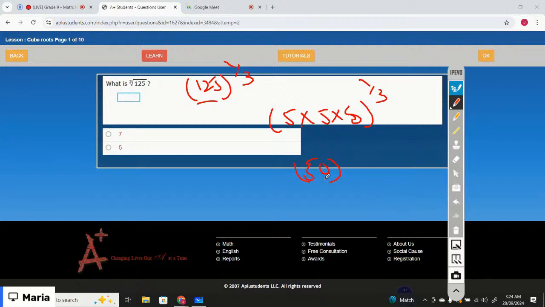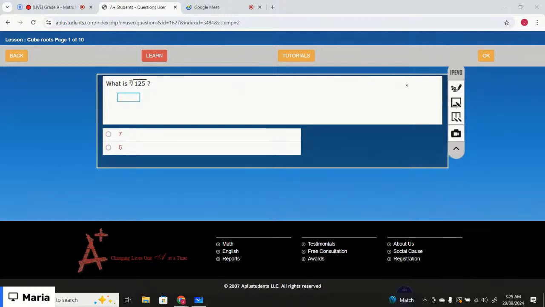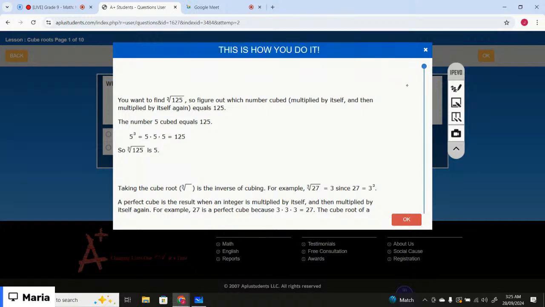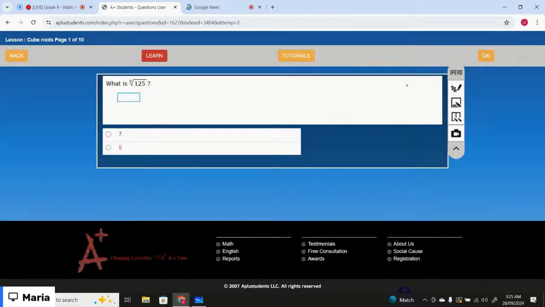So the correct option is 5. Option number 2 is the correct option, right? That is 5. Hold on, let me just see. That is the cube root of 125. So which is the correct option?